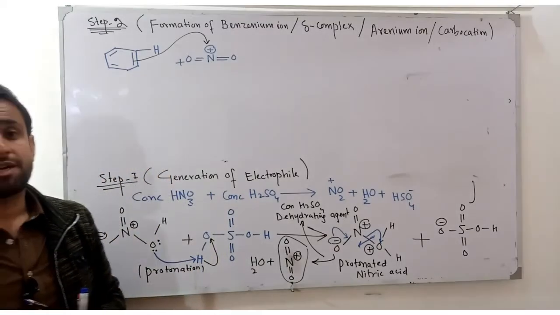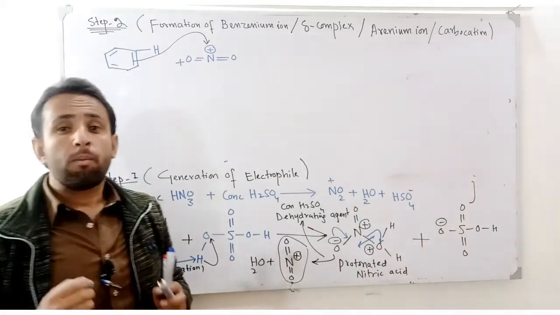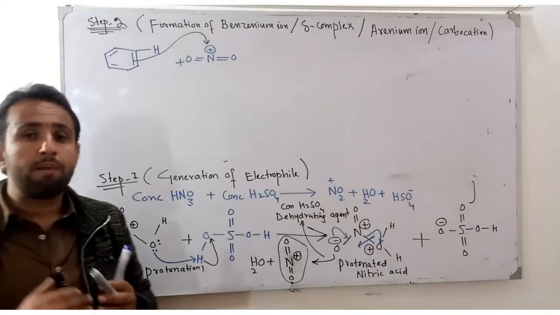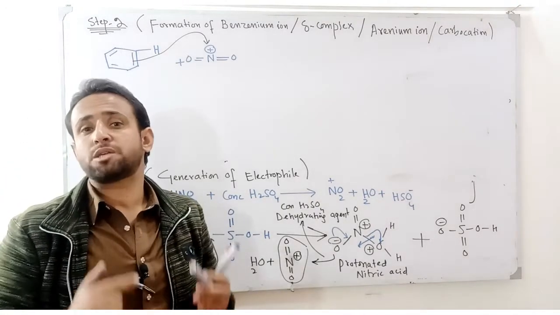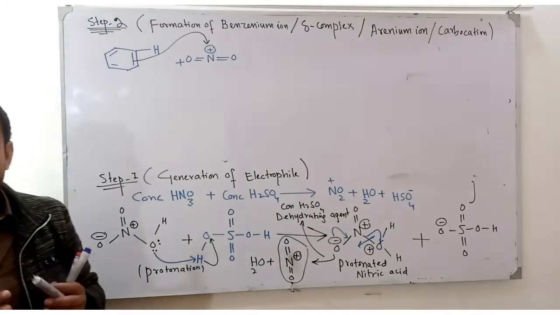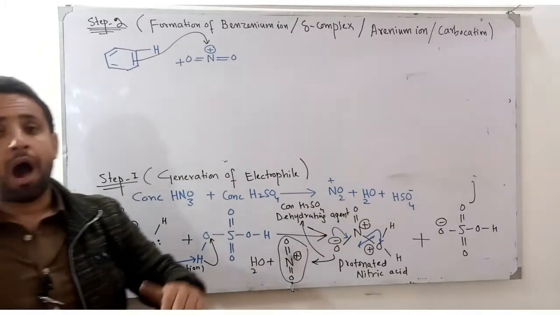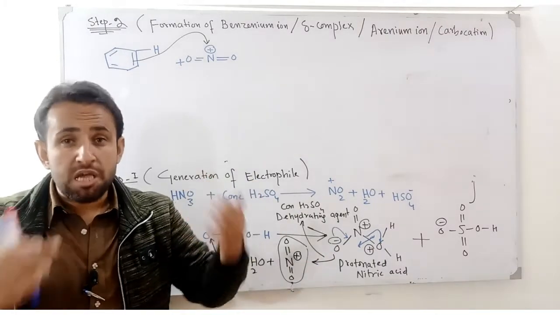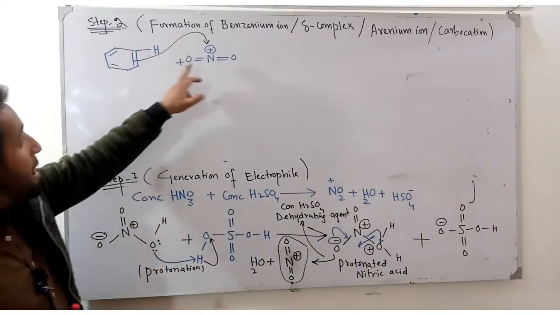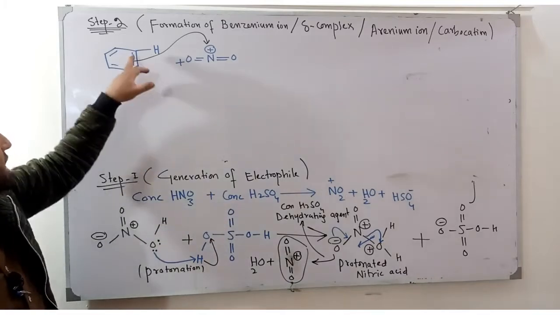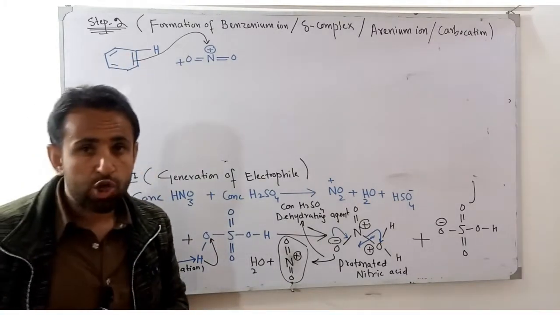Generally, as I told, nitrogen forms 3 bonds. Sometimes nitrogen forms a 4th bond by its lone pair. When it forms the 4th bond, there will be a positive charge. Instead, it is impossible for nitrogen to form a 5th bond with the carbon atom of the benzene molecule.